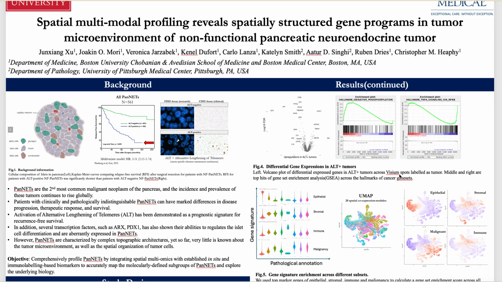And among the ALT-positive genes, the top hit of the hallmarks of cancer shows that oxidative phosphorylation is activated in ALT-positive tumor, and in contrast, in ALT-negative tumor, the NF-kappa B pathway was activated, which kind of explains the survival difference. And also, compared to the bulk data, we actually didn't see a lot of EMT and ECM remodeling in the ALT-positive tumors.